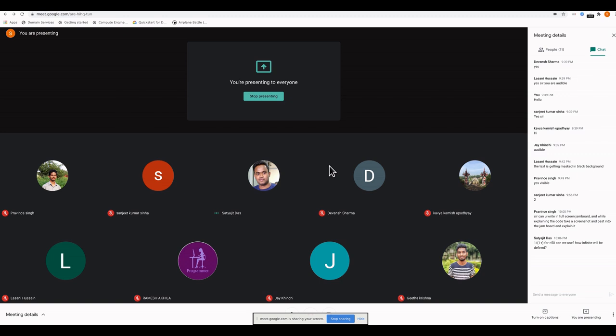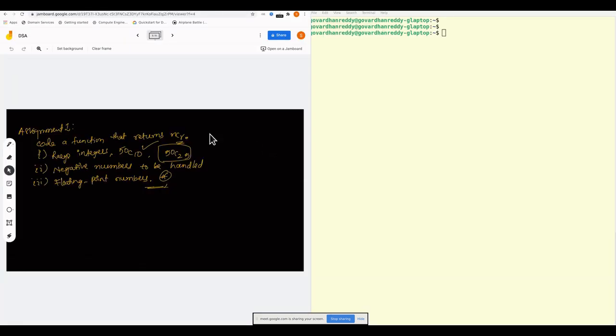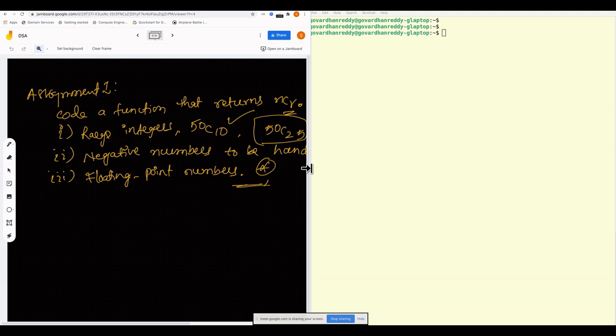Okay, I will explain. Before that, let me try to fix this Jamboard stuff. Since you have anyway unmuted, is it very small right now? If I say 100%, the problem is this.